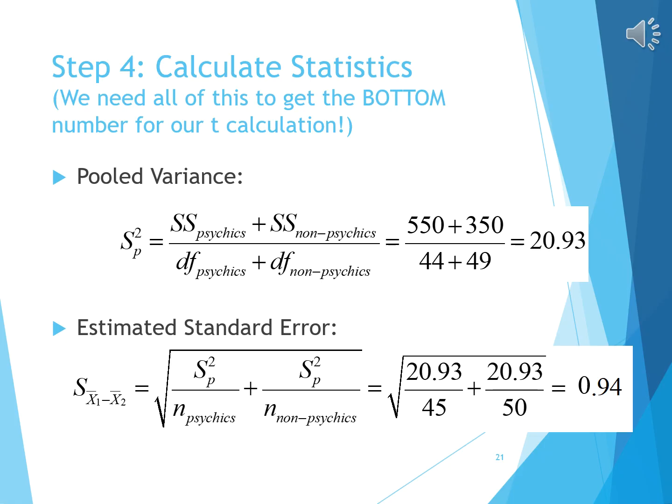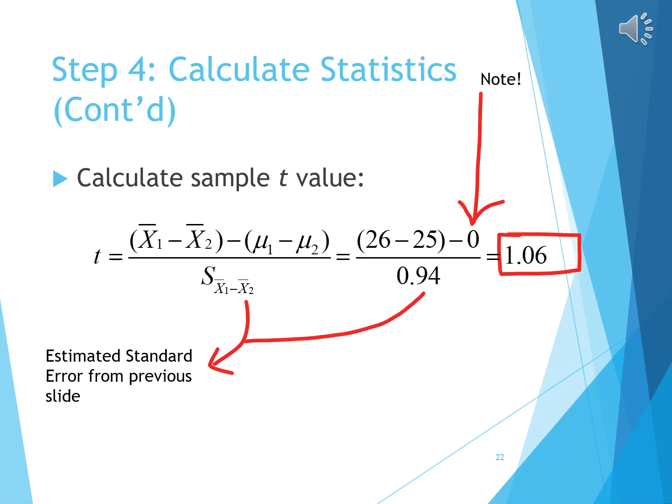So the estimated standard error, which is S subscript x1 bar minus x2 bar, equals the square root of the pooled variance over the sample size for psychics, plus the pooled variance again, the same number, divided by the sample size of your non-psychics. If you work out all of that math, you end up with 0.94 as the estimated standard error. But we're not done yet.